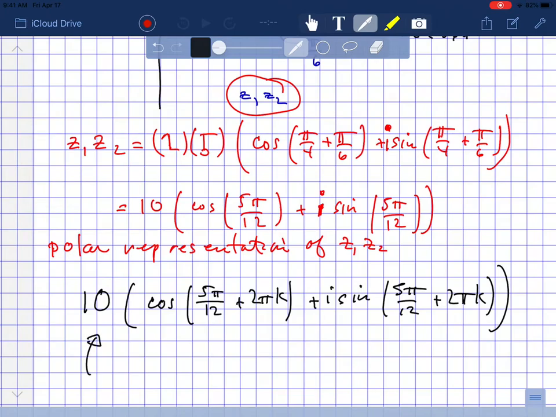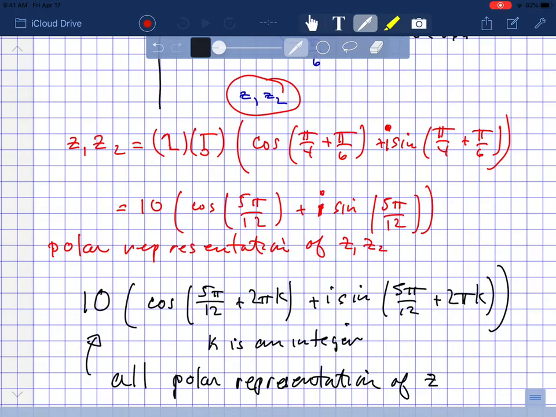These numbers here, k can be any integer. So these numbers represent all polar representations of z sub 1 times z sub 2.